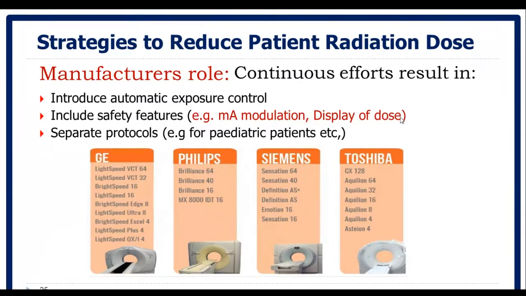So there are continuous efforts by the manufacturers, and also the competition between these manufacturers is an added value, because each manufacturer tries to give the best from his side in order to capture the market.